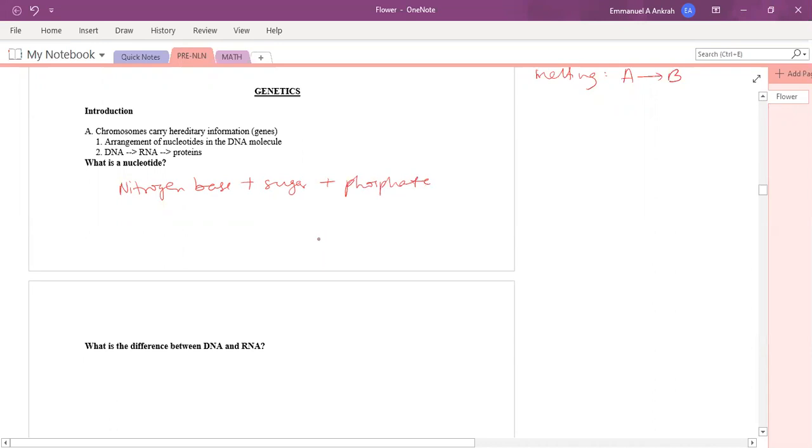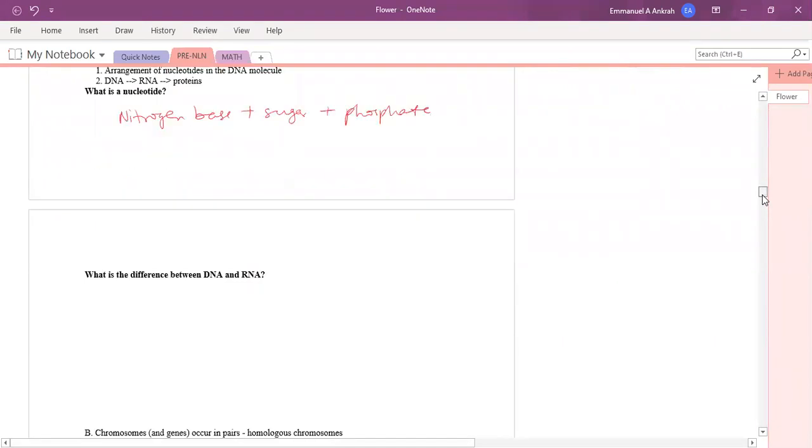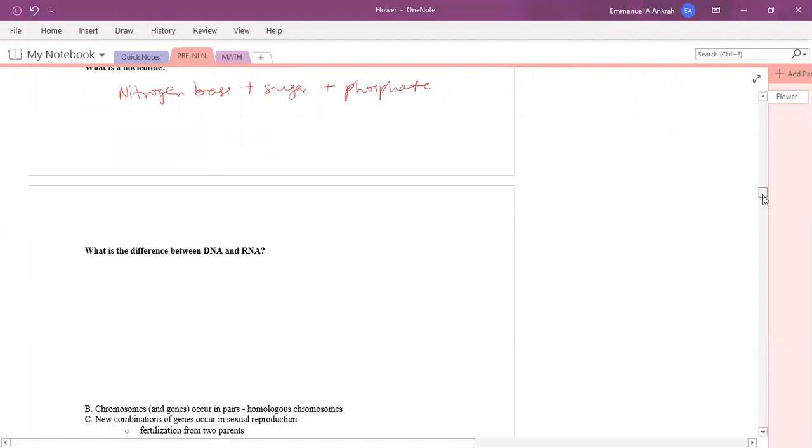And then we spoke about the nitrogen bases: guanine, adenine, cytosine, thymine in DNA, and then in RNA you have all of that except thymine. Uracil replaces the thymine, which we discussed, right? So just a quick review, remember to look at that again.